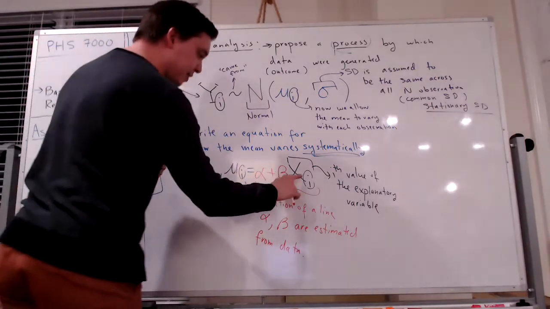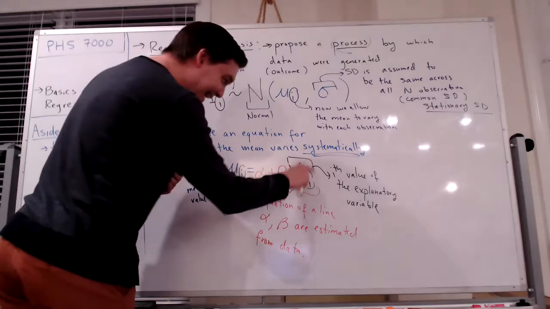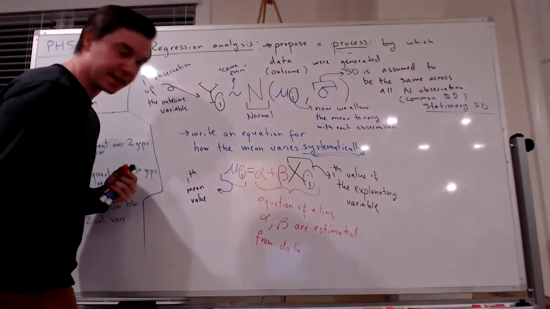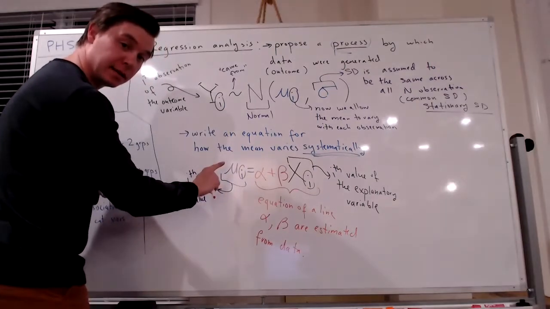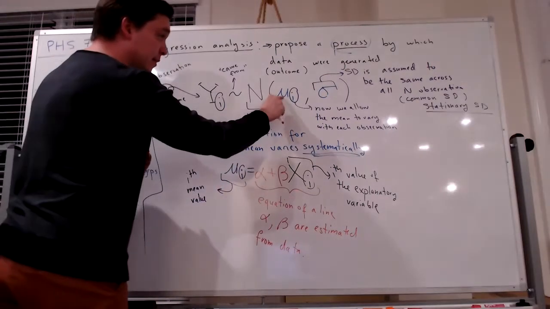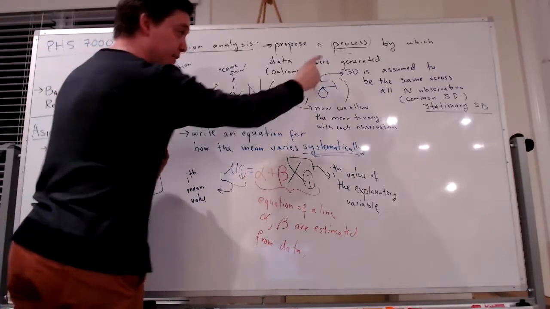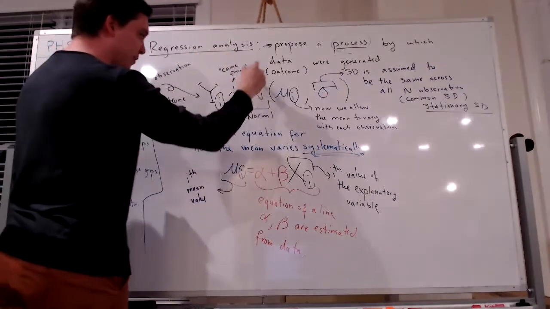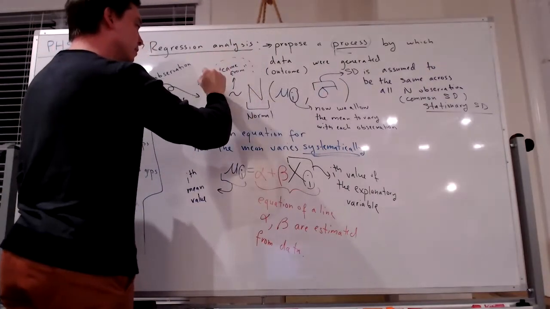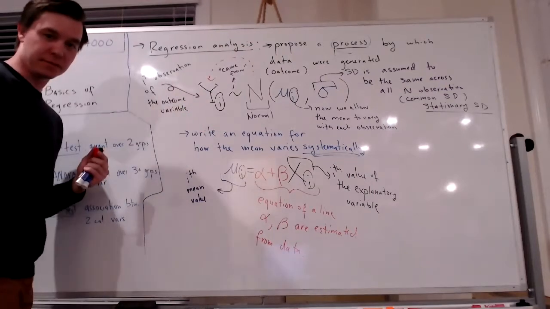So we measure some explanatory variable. Then its ith value is used to compute the ith mean. Then this ith mean gets entered into a normal distribution with a common standard deviation, and this normal distribution spits out our ith outcome variable.